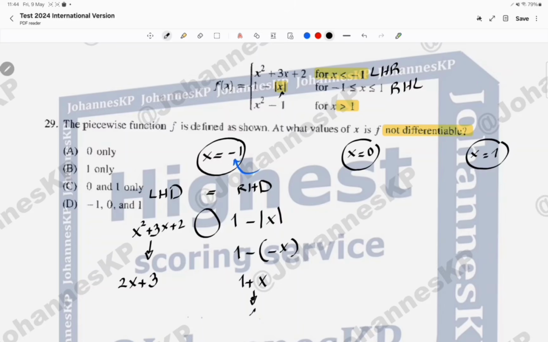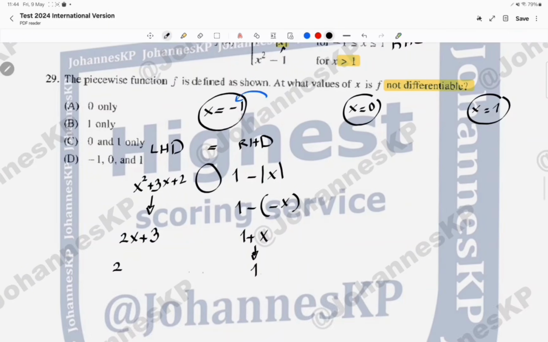Differentiate this guy, 1. Plug in -1. So 2 times -1 plus 3 is 1. 1 is equal to 1. That means it's differentiable at -1. So -1 should not be in the answers. So it's not D.